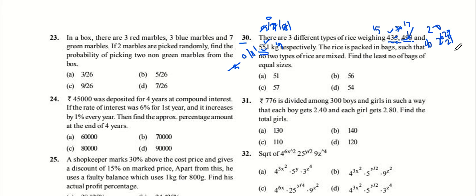So 29 is the number which exactly divides everything without any fraction. If you take a bag of 29 kg, then 15 bags are required for this weight, 17 bags for this, and 19 bags for this. So in total you require 15 plus 17 plus 19, which is 51.